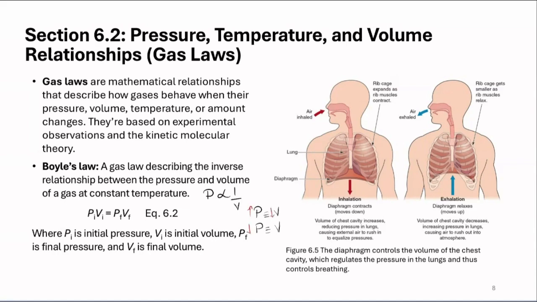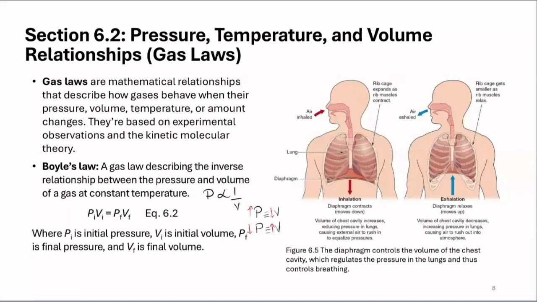If pressure goes down, volume goes up. That's what it means to be inversely proportional: in terms of trends, they go in opposite directions.